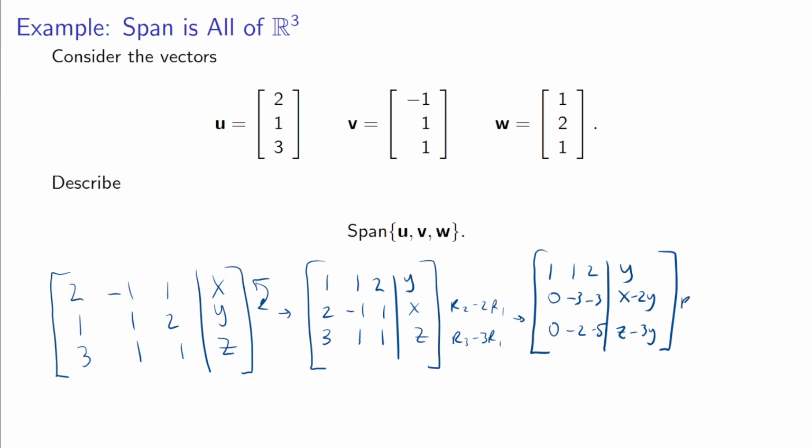Okay, we might do R2 divided by negative 3, scale that. So we get 0, 1, 1, and then x minus 2y divided by negative 3.